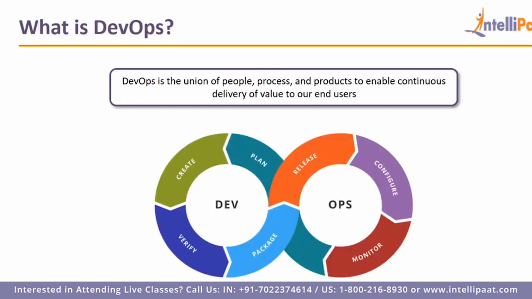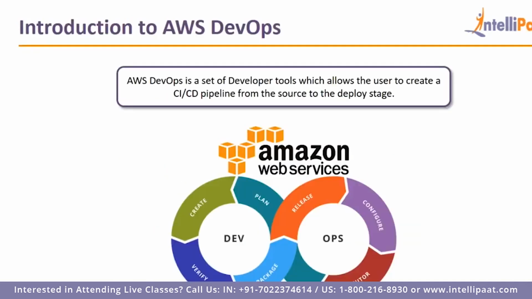DevOps is a methodology. It is a union of people, process, and products to enable continuous delivery of value to our end users. So it is basically providing value continuously to our end users without downtime and also increasing the deployment speeds. And then the introduction to AWS DevOps.